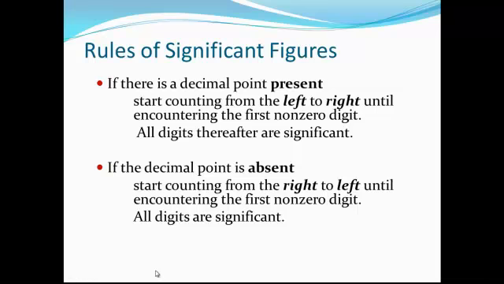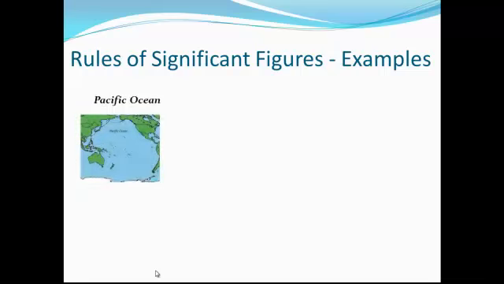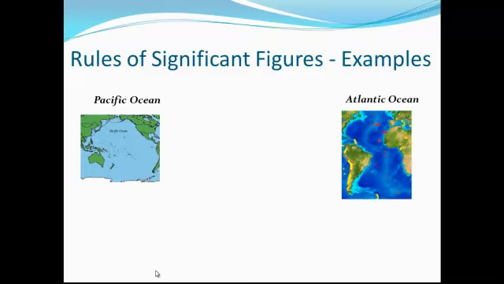Still, this is really cumbersome to put into application. You have to spend a lot of time trying to memorize and use them. So here is a further simplification of this process. I used the Pacific and Atlantic Ocean as the example.